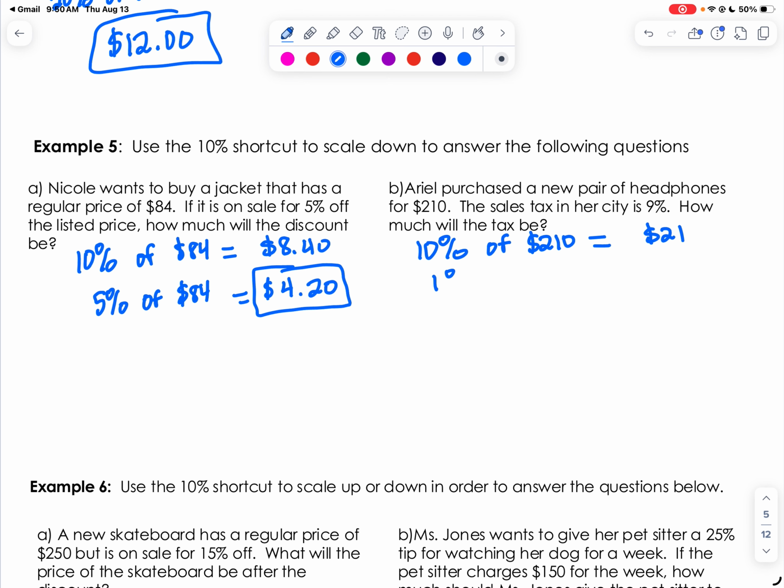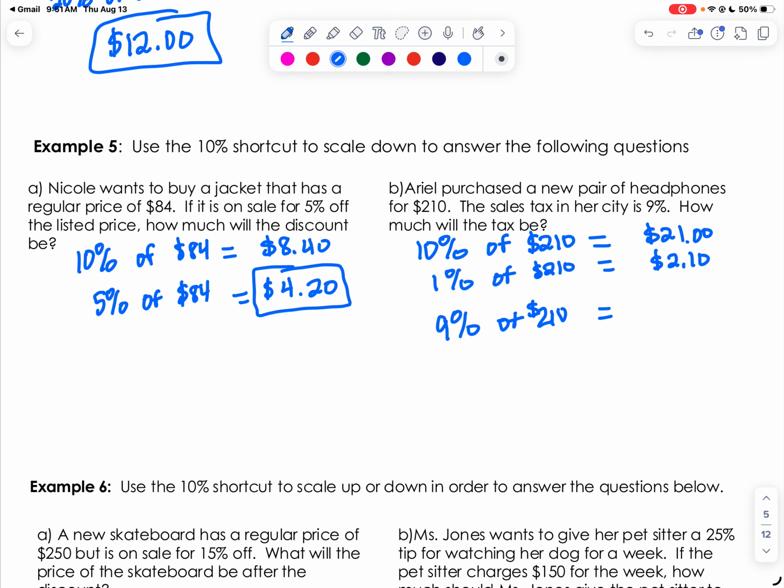Let's calculate 1%. To calculate 1%, just divide 21 by 10. So that would be $2.10. So to get 9%, I'm just going to subtract the $21 minus the $2.10.